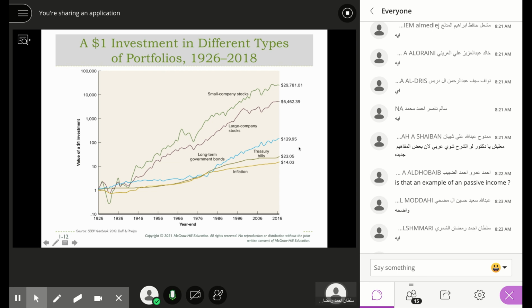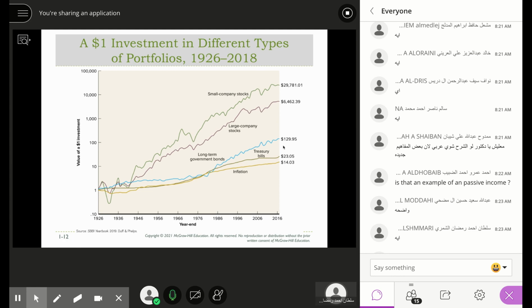Why do we have this gap? The main justification or reason is there is a different level of risk between bonds and stocks. As I said, for bonds, you are promised a certain level of return.